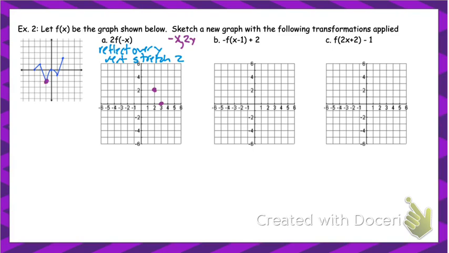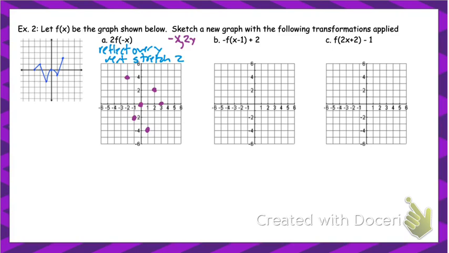I would take this point right here, so 1, negative 1, negative 2, I would reflect it, so it's 1, negative 2, then I would double it, and it's at 1, negative 4. So again, I'm applying that same transformation to every one of those points. 0, 0 is still going to be 0, 0. 1, negative 1 gets reflected and doubled. And then 2, 2 gets reflected and doubled.